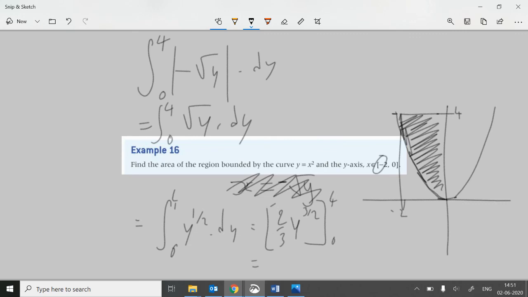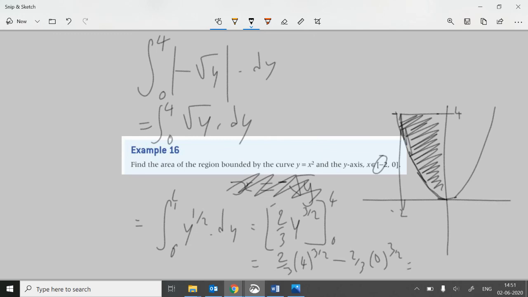Now your next line of working out is to substitute the 4 in. So we've got 2/3 times 4 to the power of 3 over 2. And you've got take away that thing with substituting in 0. Now, obviously, the second part is equal to 0.